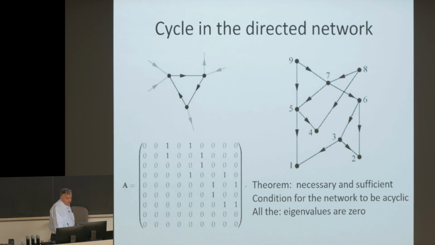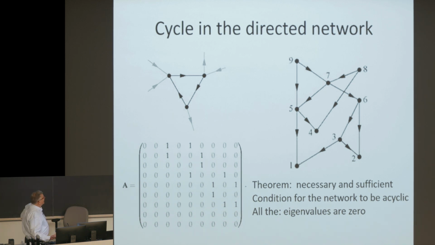So basically, the adjacency matrix and linear algebra can determine some very nice properties of a network. And there are a lot of such properties. I won't talk about them in detail because I won't have any time.